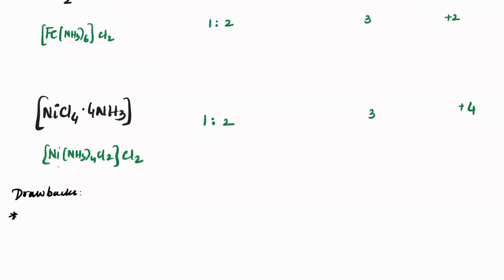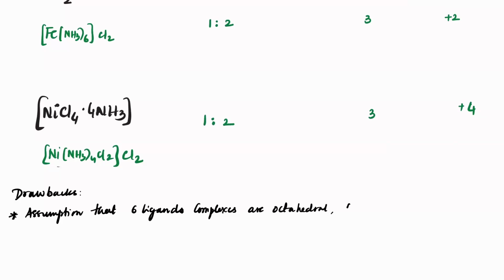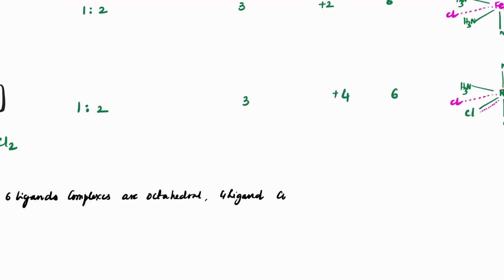First thing is the assumption that six ligand complexes are octahedral, and four ligand complexes are tetrahedral.